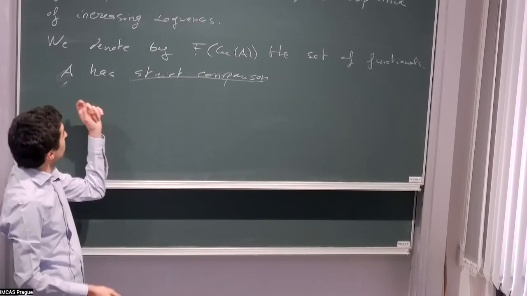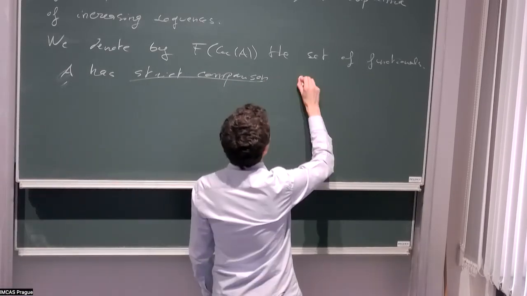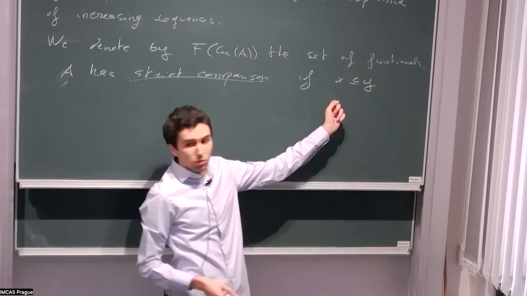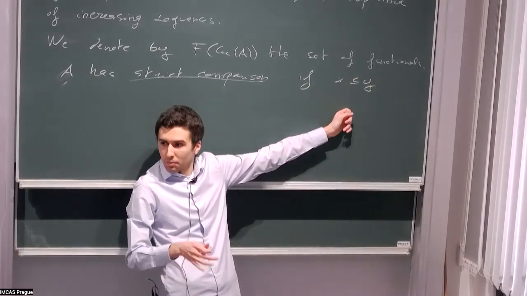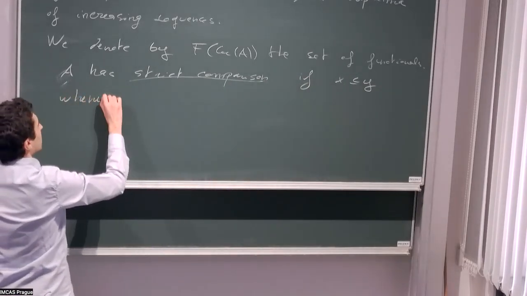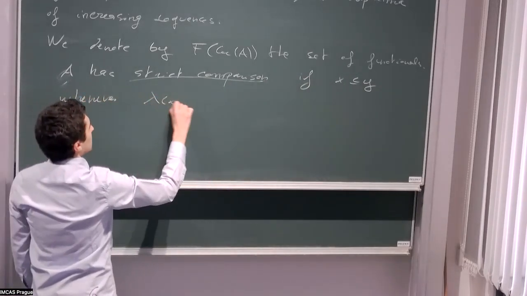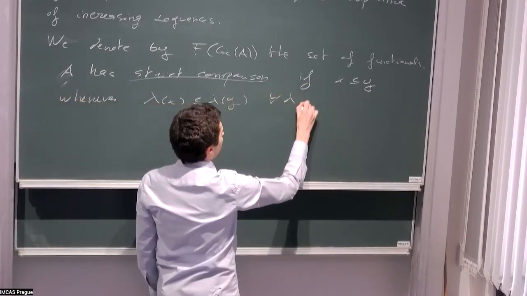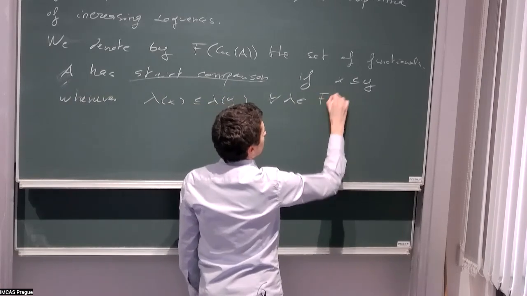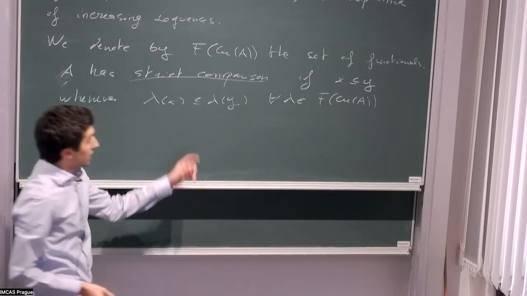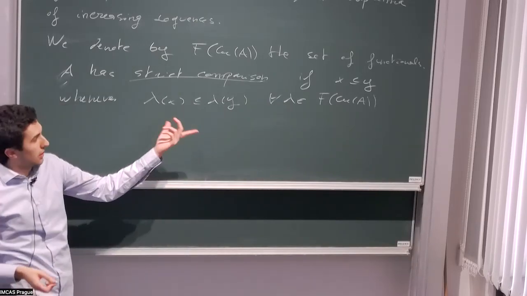But we say that A has strict comparison if an element x in the Cuntz semigroup is bounded by another element y whenever lambda of x is below lambda of y for every functional lambda of the Cuntz semigroup, and such that this inequality is strict when this can be strict.